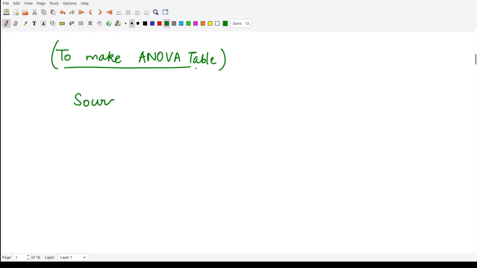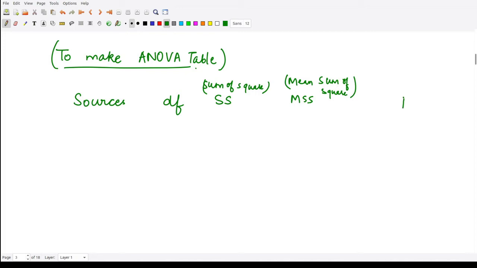First of all, we will write sources, then degrees of freedom, and then SS, that is the sum of square. Then we write MSS. What is that? This is mean sum of square. And then we will write the F ratio. So in this ANOVA table, we'll use the F test.